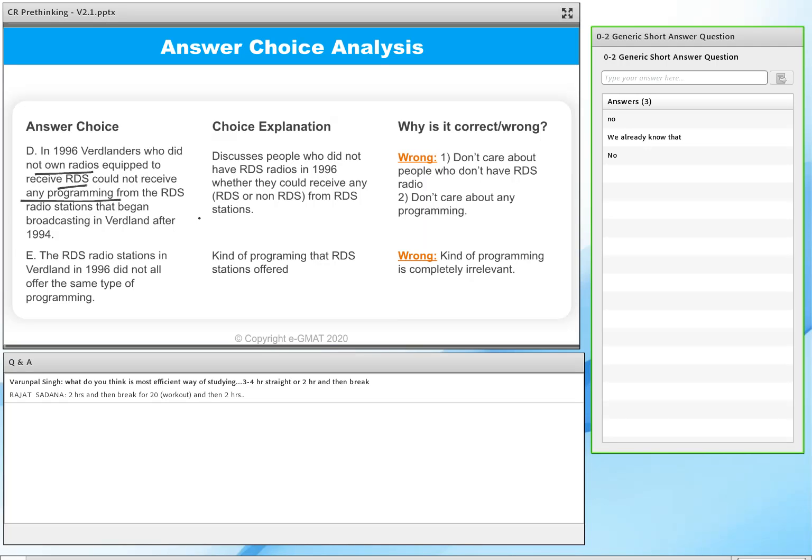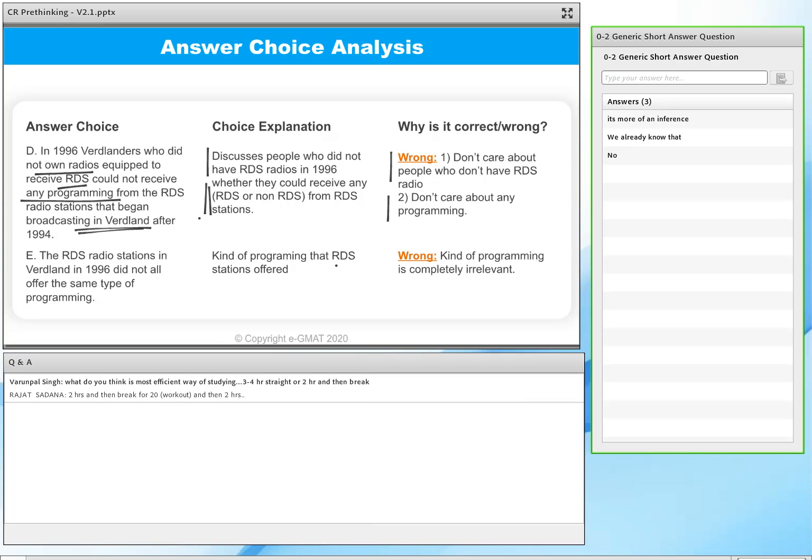Do we care about any programming? No. From RDS stations that began from the newer RDS stations. RDS stations that began broadcasting after 94 are the newer RDS stations. This choice discusses people who did not have RDS radios, and it talks about any programming, which we are not concerned with. It talks about the wrong segment of people. It talks about the wrong kind of programming. It cannot be the correct answer.